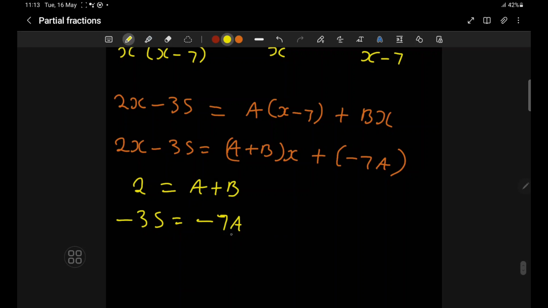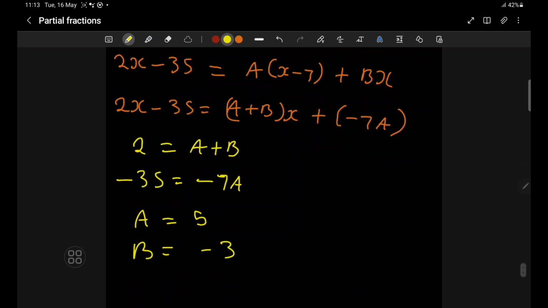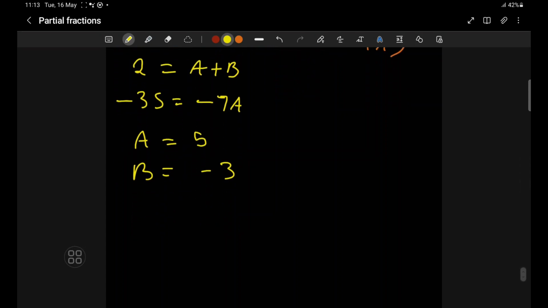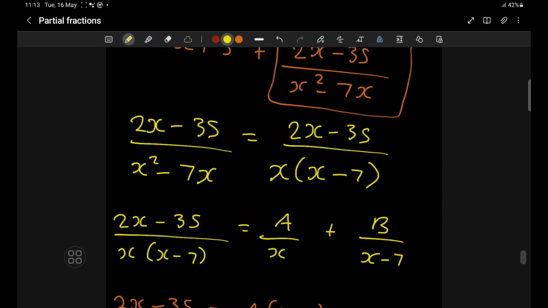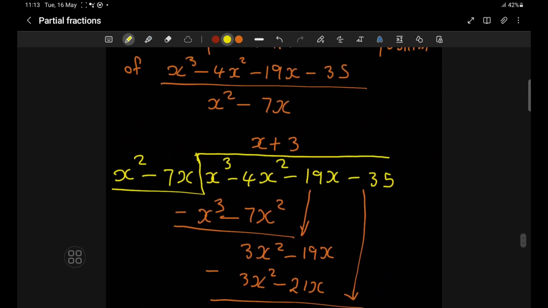So here if we divide through by negative 7, our value for A will be positive 5. And if we replace 5 where there is A here, we'll have 5 crossing the equal sign will be 2 minus 5, that is negative 3. So B is equal to negative 3. We can replace this in our final solution. For our final solution, we need to write the original expression, which was this.